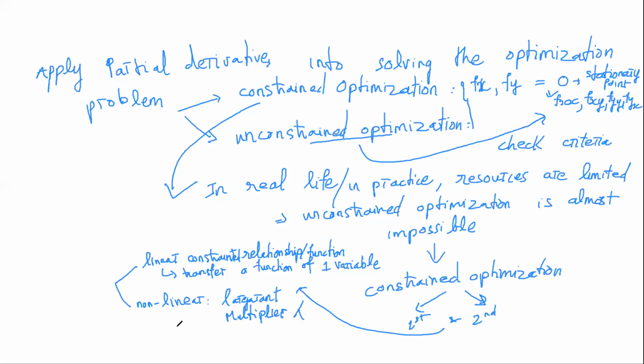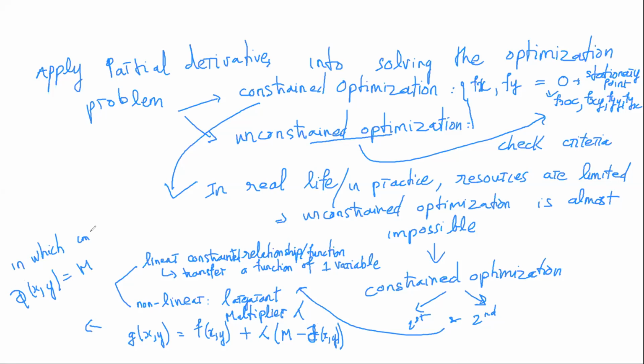So you will introduce a new function: g(x,y) equals f(x,y) plus lambda multiplied by m minus phi(x,y), in which we have the constraint. The problem is phi(x,y). Phi(x,y) is equal to m, the constraint function.